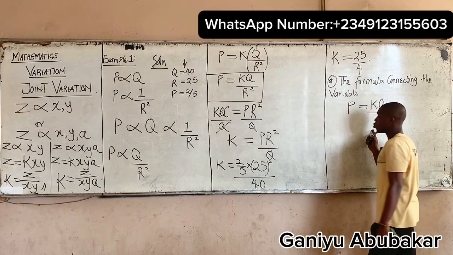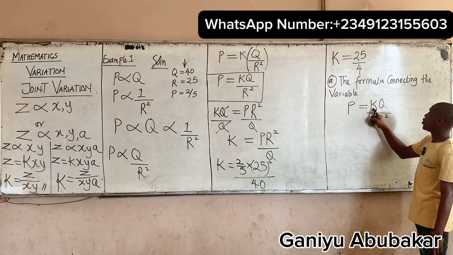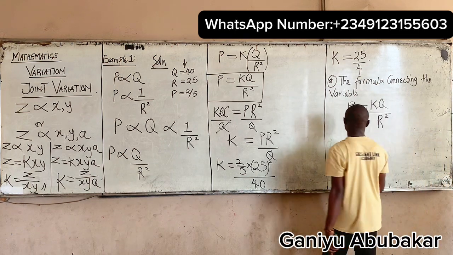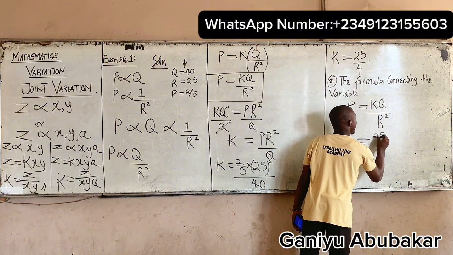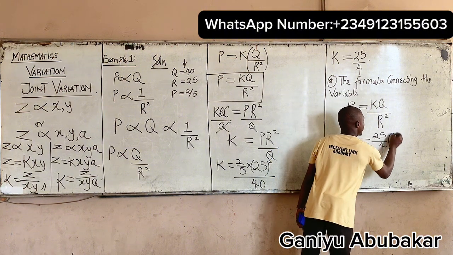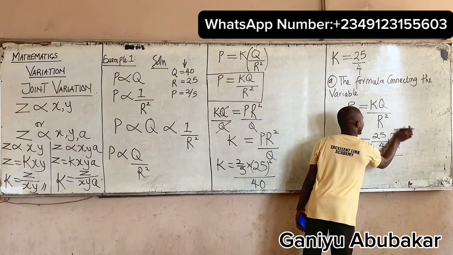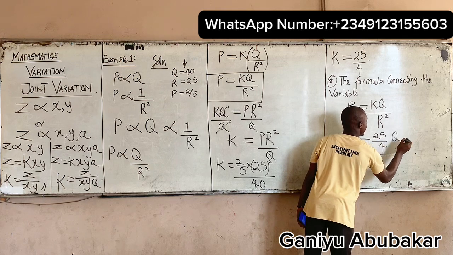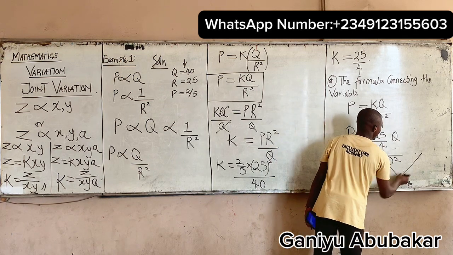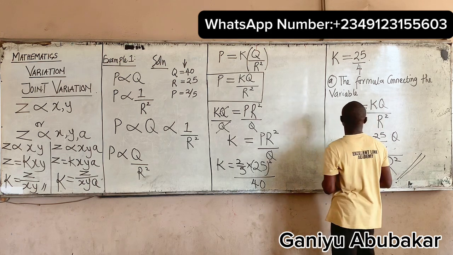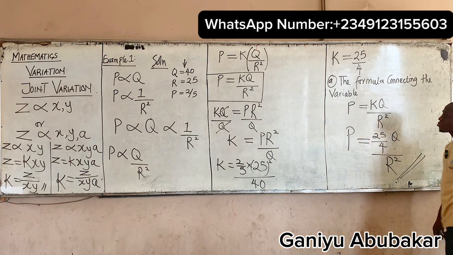I can leave it this way, it's still correct, but we know K. K is 25/4, so I can put the value of K. So P is equal to 25Q over 4R squared. This is the equation connecting P, Q, R.